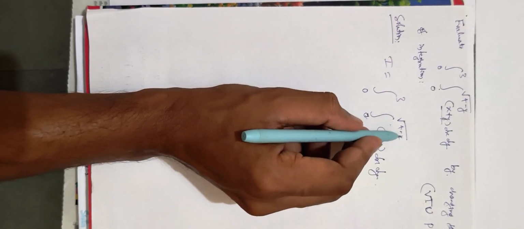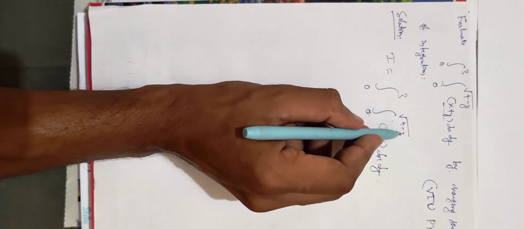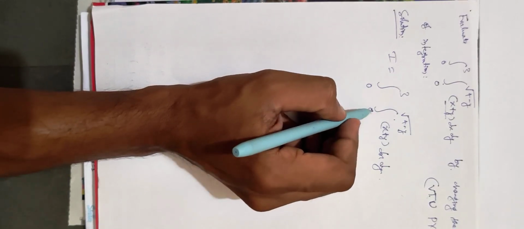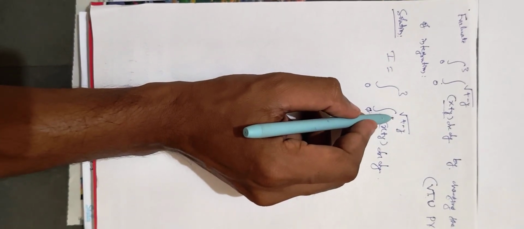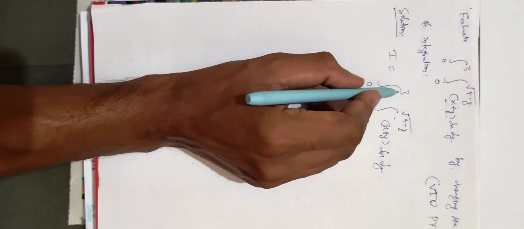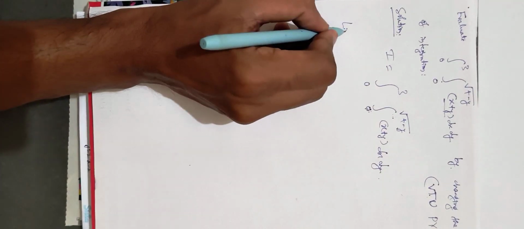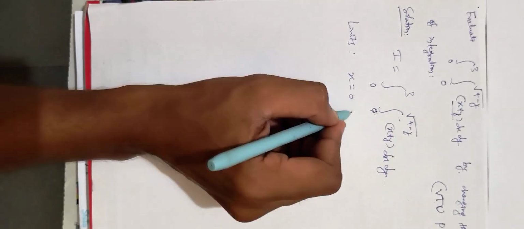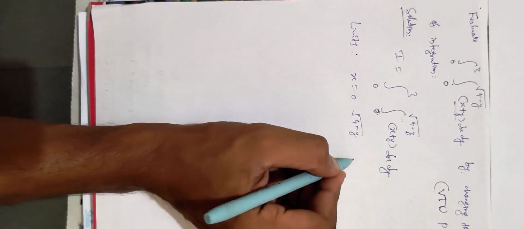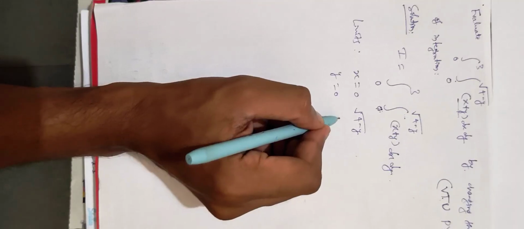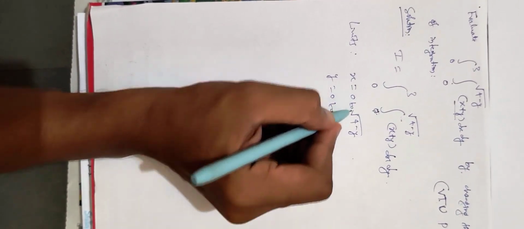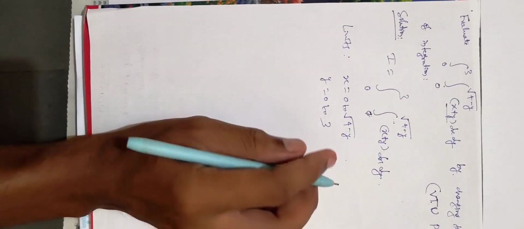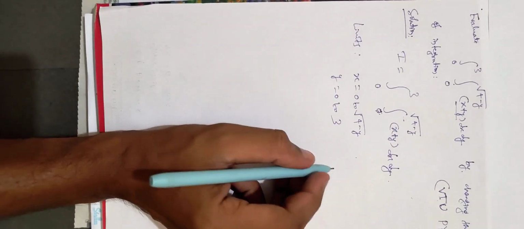Then 0 to 3 are the limits of y. So the limits are: x is running from 0 to under root 4 minus y, and y is running from 0 to 3. Now let's see the graphs of these two curves.